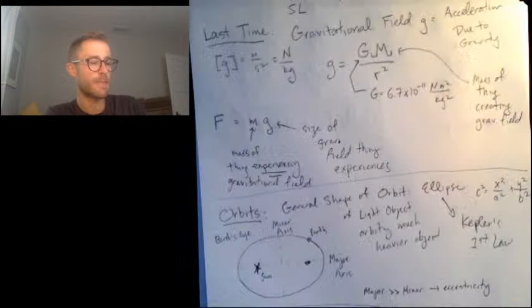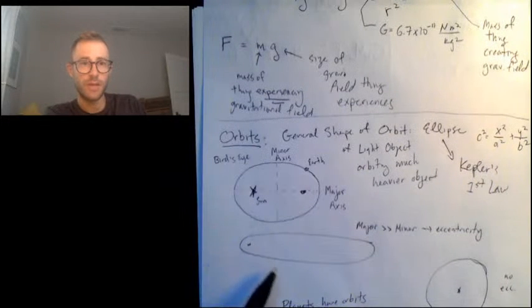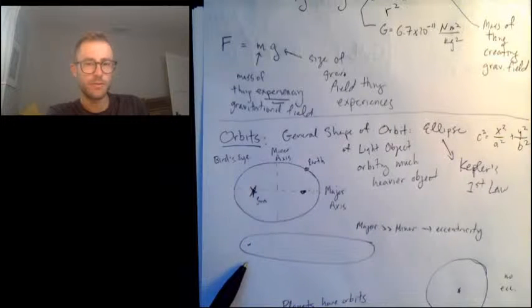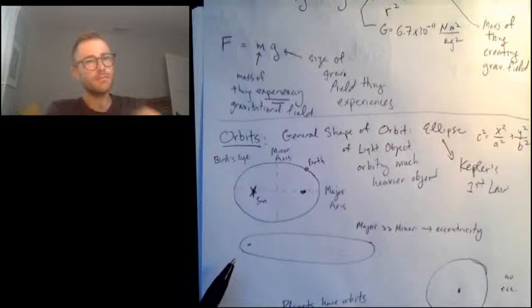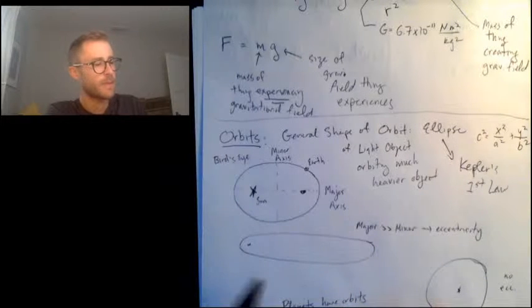And then Kepler's third law was basically talking about the speed at different points on the orbit.